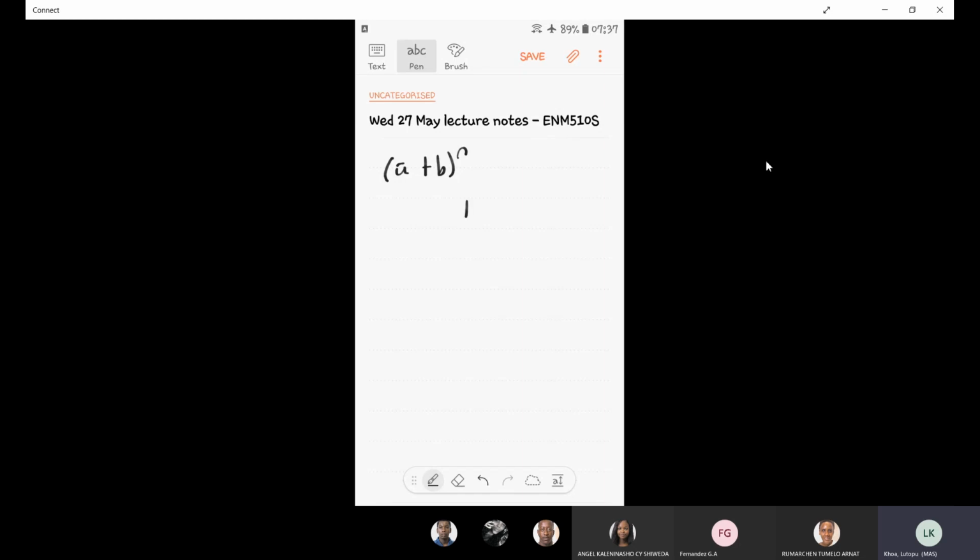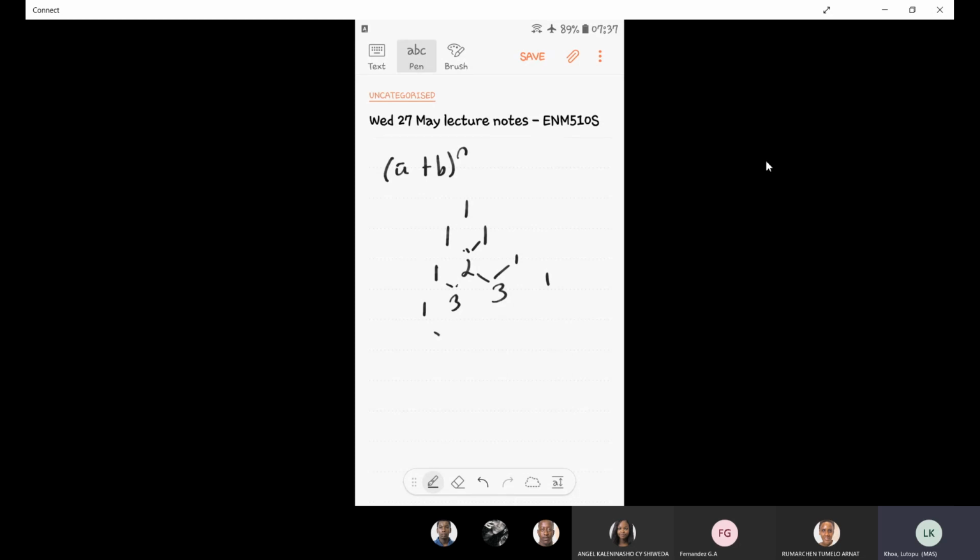Pascal's triangle: we have 1, 1, 1, 1, 2, 1, 1, 3, 3, 1. So you just add these two, these two, those two, give me 2, and then 1 and 0. So these two together give me that number.